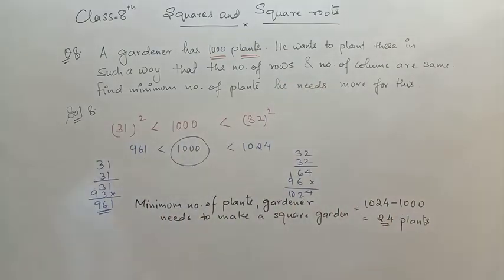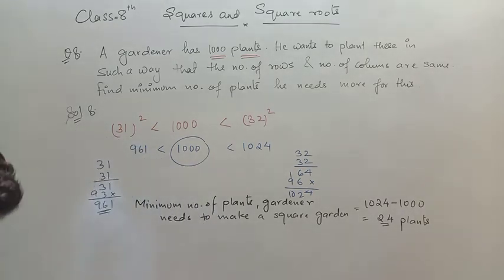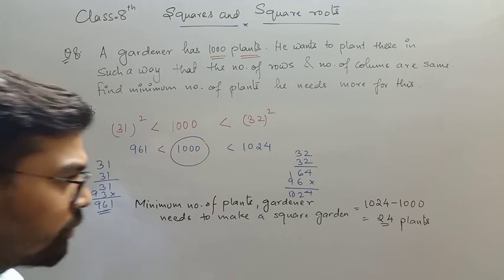So 24 plants is your answer. Find the minimum number of plants he needs more for this. Your answer is 24 plants.